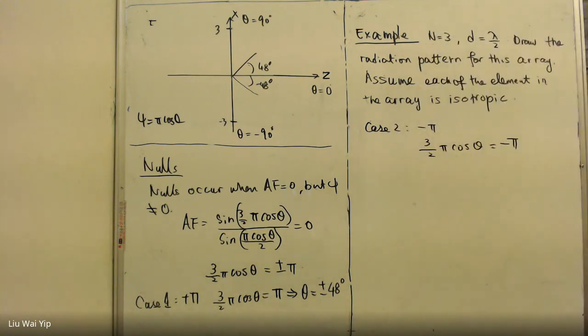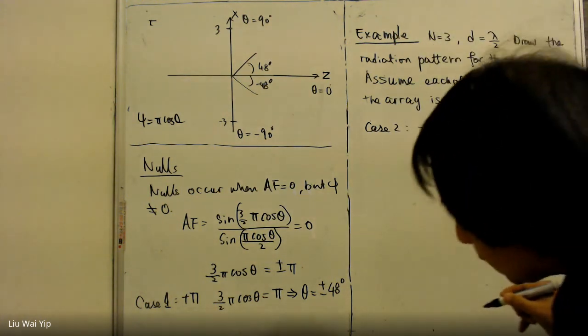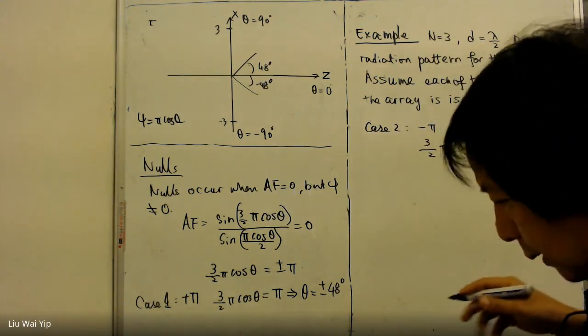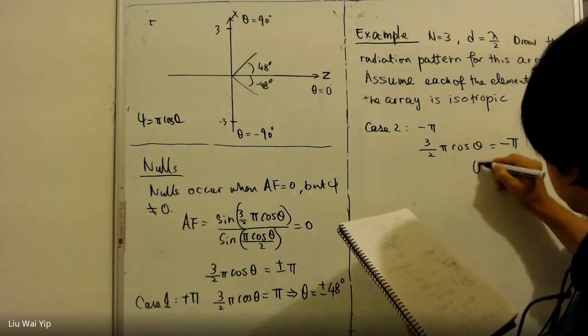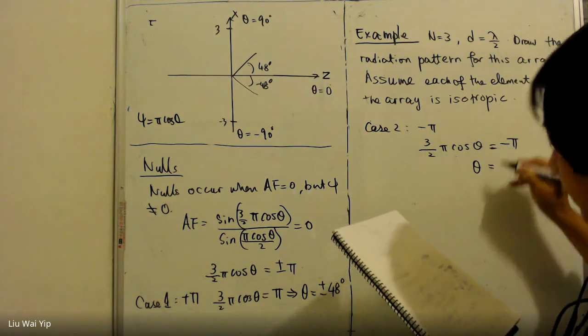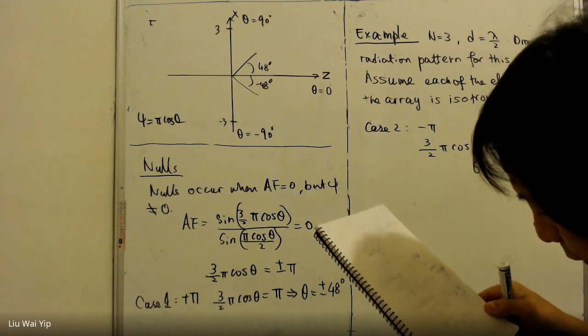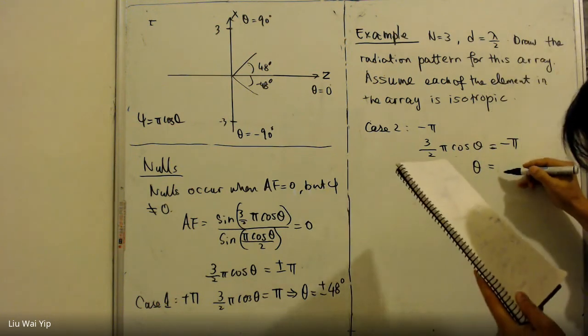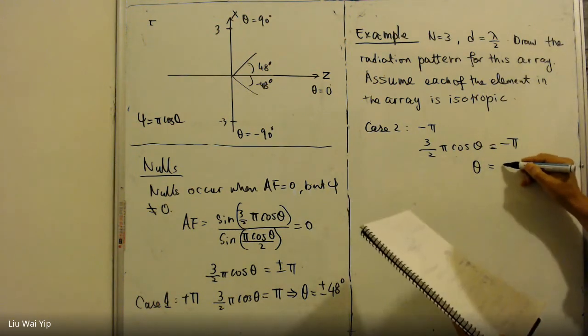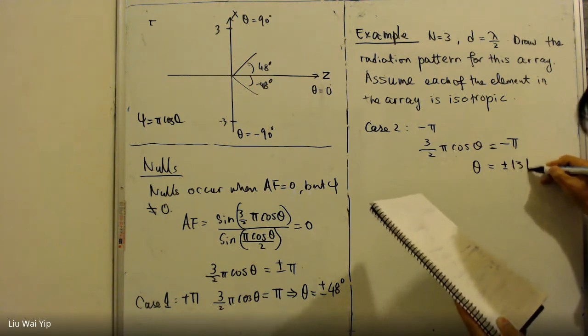And according to my calculation, if my understanding is correct, you will end up with an angle for the other, which will be plus or minus 1v1.